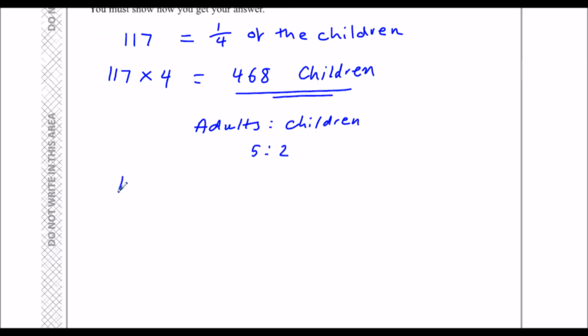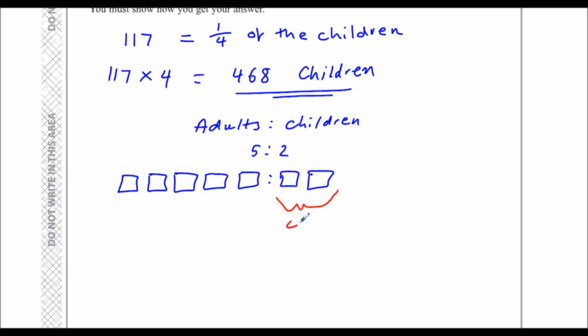So if we've got 5 parts adult, 2 parts children, and these 2 parts are 468, we can find out what 1 part is by halving 468.